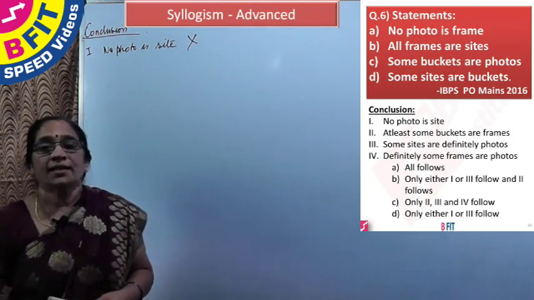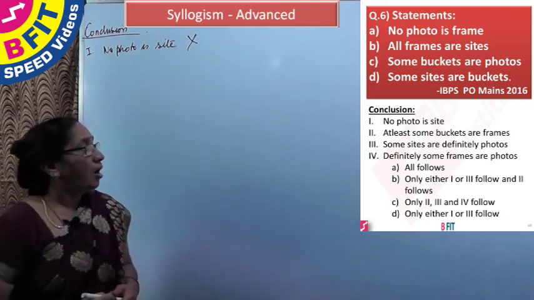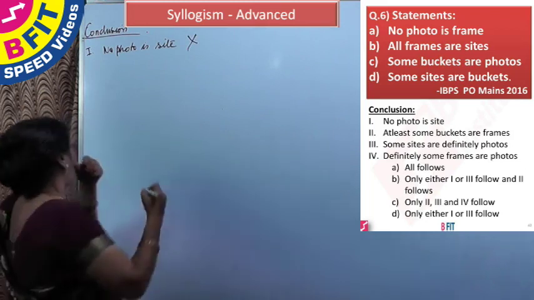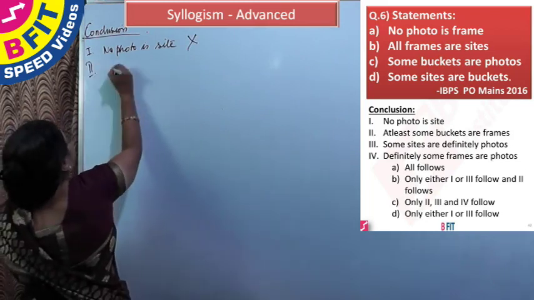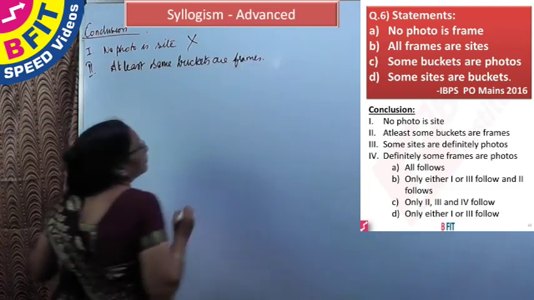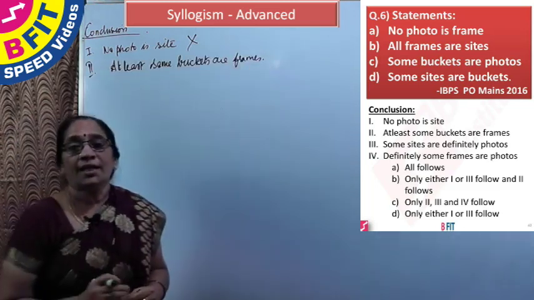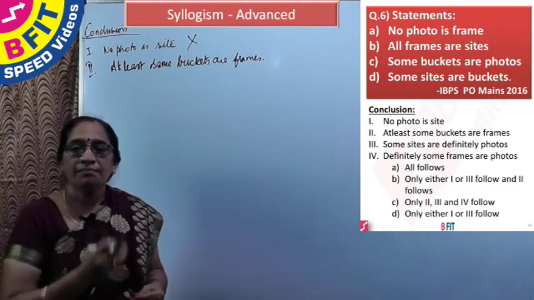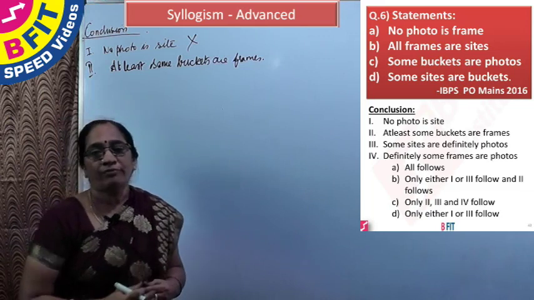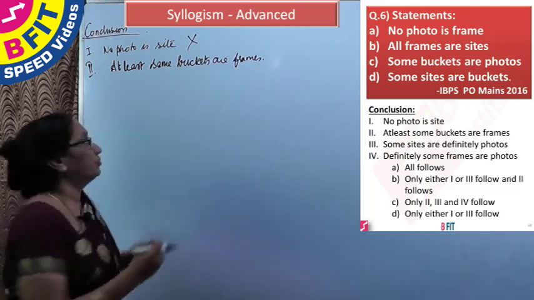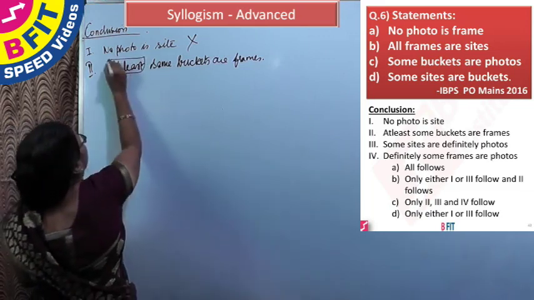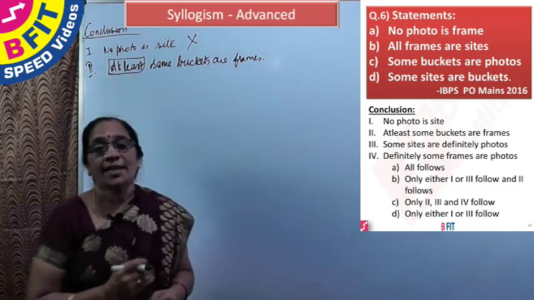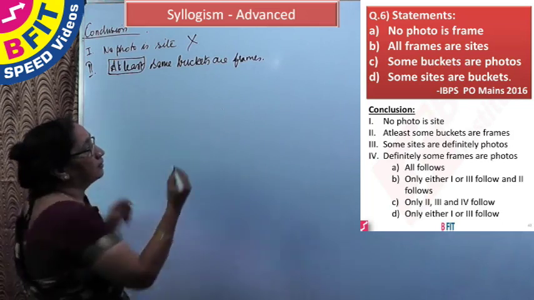Now, let us consider the second conclusion, at least some buckets are frames. This conclusion contains the term at least, and as said earlier, we can simply ignore it and try to find whether the conclusion is true. For this, we will have to consider the second and fourth statements.